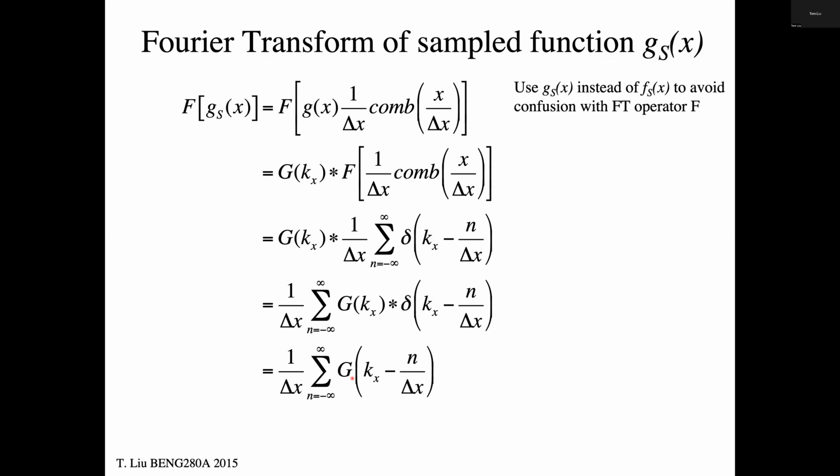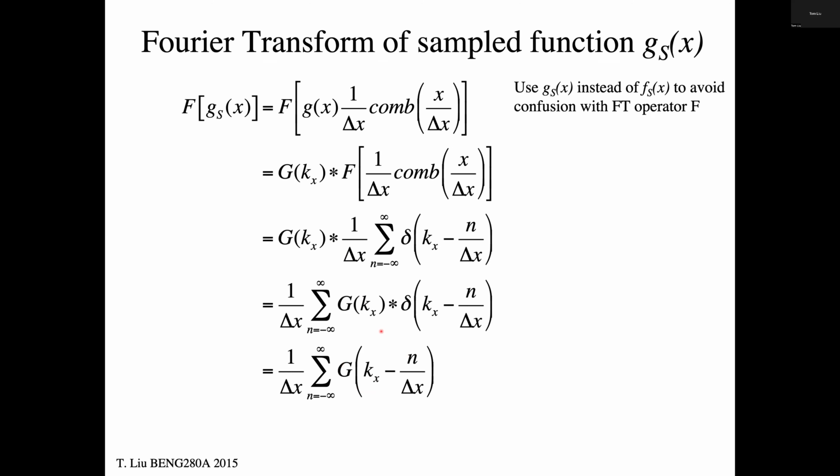Essentially the Fourier transform is continuous in k, but after this step, I have to add up multiple copies of that continuous Fourier transform in order to get the value at a specific point, kx. That value is the continuous function at replicants of the function.